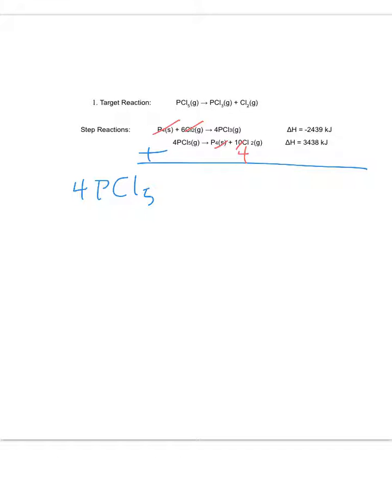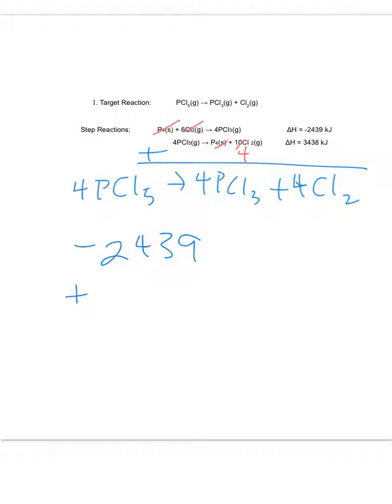4 PCl5 yielding 4 PCl3 plus 4 Cl2. And then we're literally going to add our delta H's together. We're going to add negative 2439 kilojoules plus our positive 3438 kilojoules.